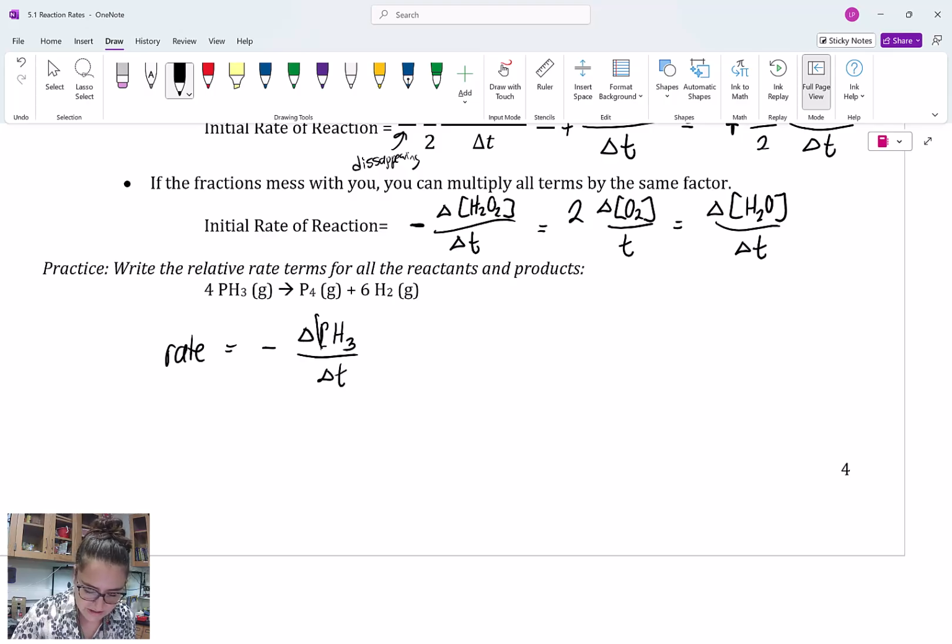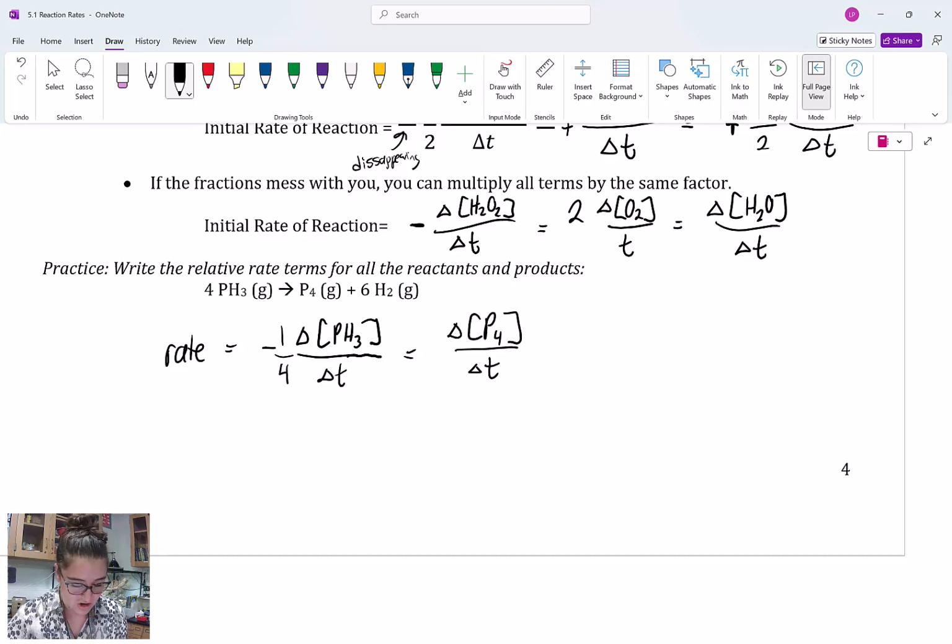So the change in the concentration of the P4 over time is going to be 1/4 of the rate of change of the PH3 over time, or that rate is going to be 1/4 the rate of the PH3 over time, and that one's going to be positive because it's appearing, which would be equal to 6 times the rate of the H2 gas appearing. Yep.